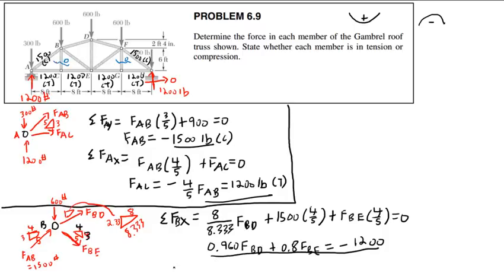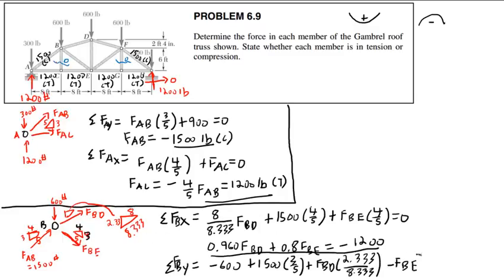Sum of forces about joint B in the y direction, we'll have negative 600 plus 1500 times 3 over 5 plus FBD times 2.33 over 8.33 minus FBE times 3 over 5.